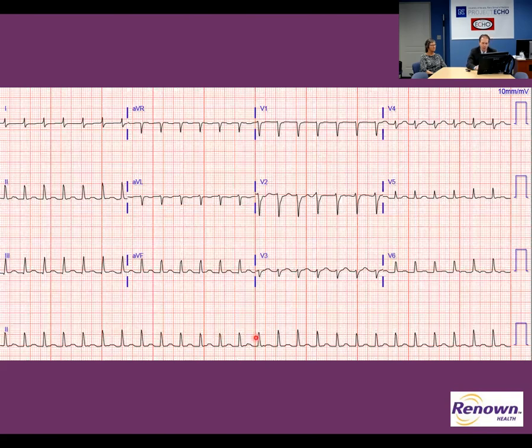So you can count boxes in this situation. You just have to find a QRS complex that falls roughly on a box. If you look, this QRS complex is right around that big box line, this darker red line, and there's 2 big boxes, so it's right around 150 beats per minute. It's just very slightly over that, as you can see.